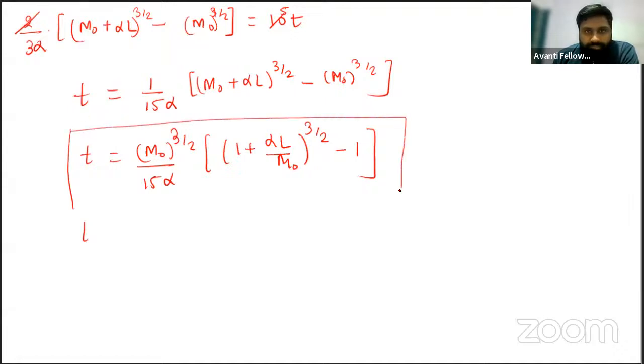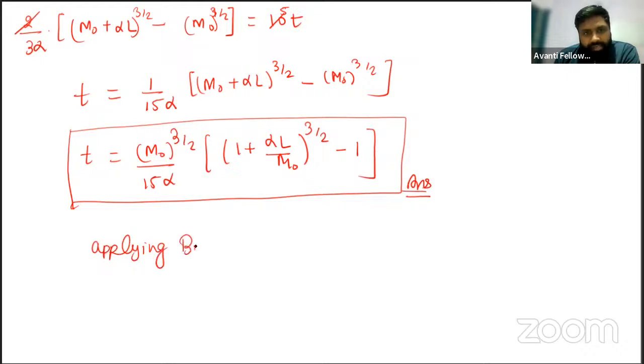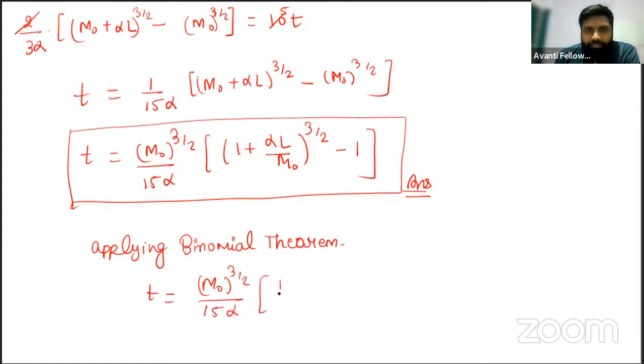But for the approximation purpose, if we apply the binomial theorem in this, to further extend it to a more suitable, more relatable value, so if alpha is too small, we can write m naught raised to 3 by 2 divided by 15 alpha, into 1 plus 3 by 2 alpha L upon m naught, neglecting the higher powers. Minus 1 and 1 will cancel out, 3 5s are 15.